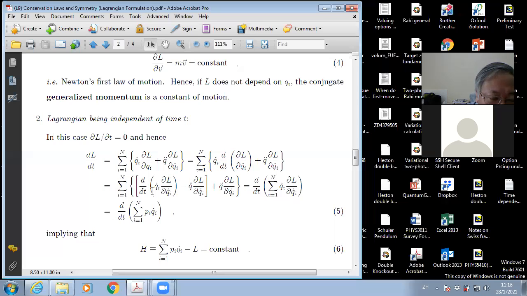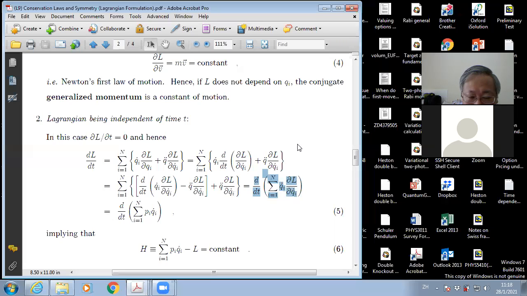And differentiating a product of two functions with respect to t will give you two terms, 1 and 2, all right? So this term is equal to the difference of these two terms. Now there are three terms in this expression. Now the second and third will cancel automatically. So we are left with this, all right?